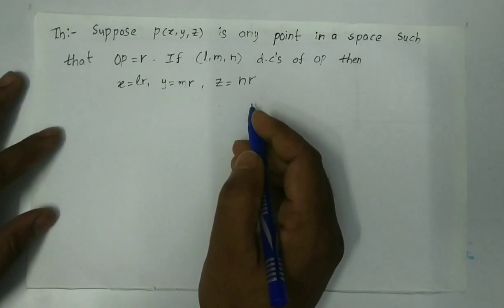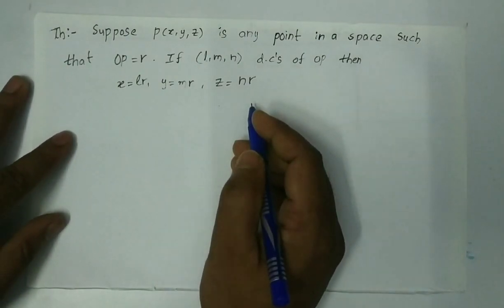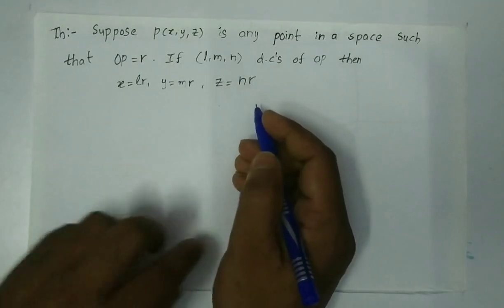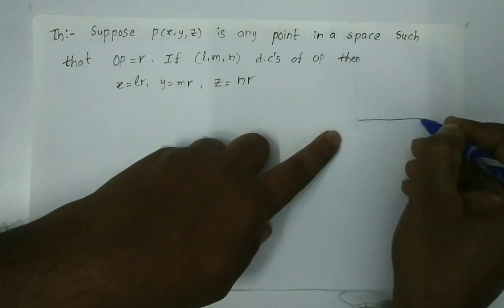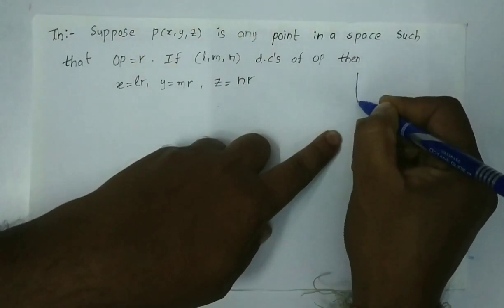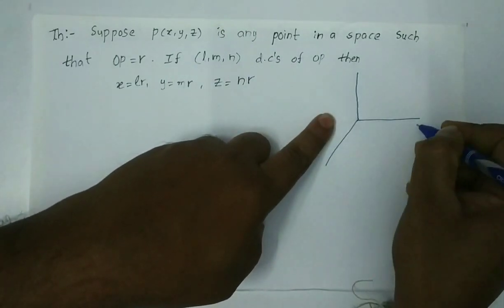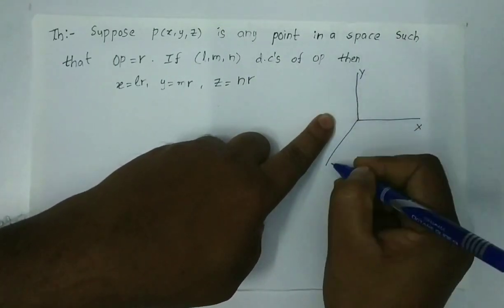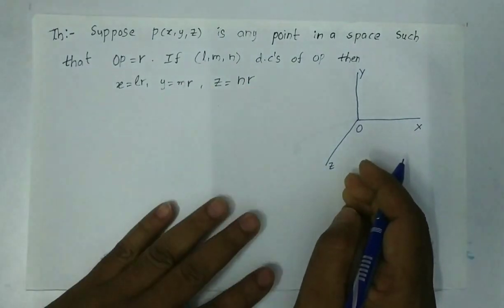For this we need to consider a three-dimensional rectangular coordinate system. So this is the x-axis, this is the y-axis, this is the z-axis, and this is the origin.